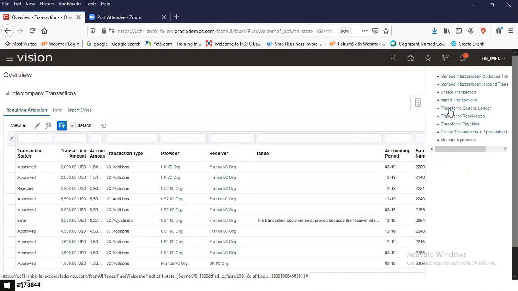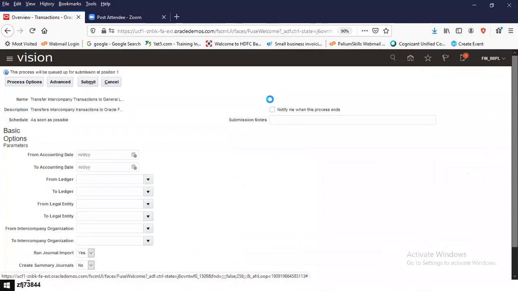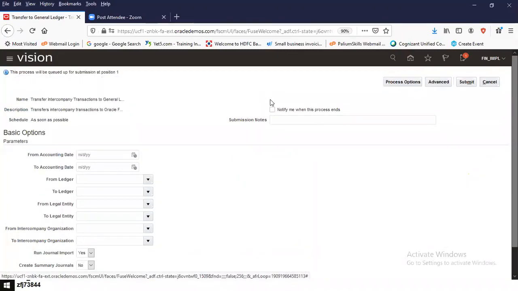Okay, now you have the ability to transfer to GL. This is from the intercompany to the general ledger. So in that case, you will say from date, let's say whatever we have done today, that we are going to transfer over.